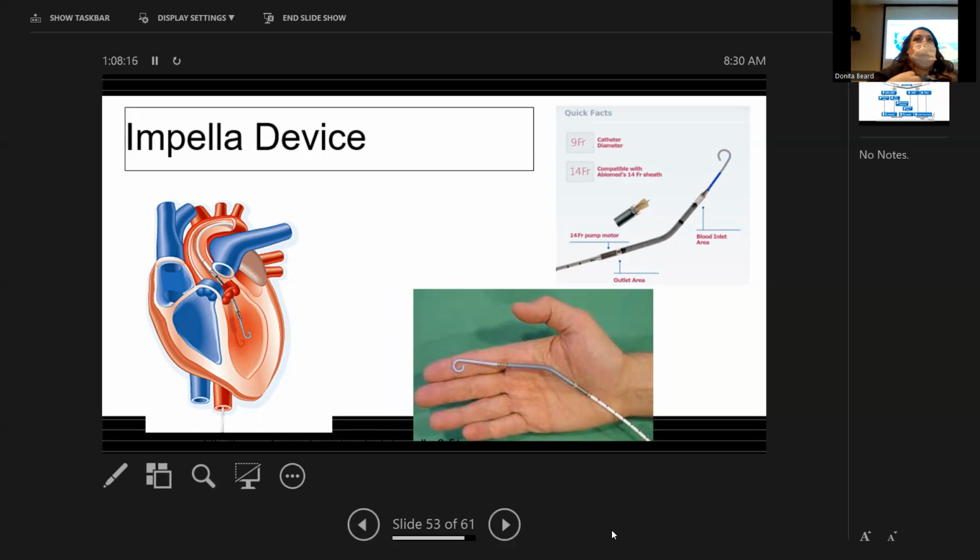Because if you're unloading the left side, and we're getting 3 liters of cardiac output that's now dumped into the venous side and going back to the heart, and the CVP starts climbing, that tells you the right heart is not able to keep up with what you're putting back into it. So you either have to decide to support the right heart, or come down on your left-sided support and let the right heart catch up.